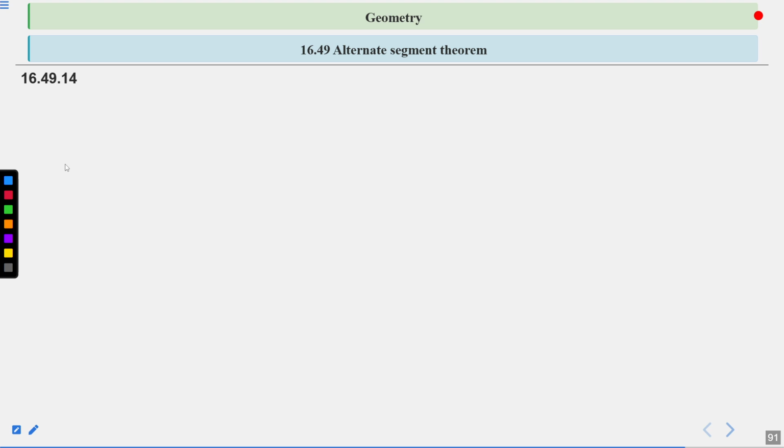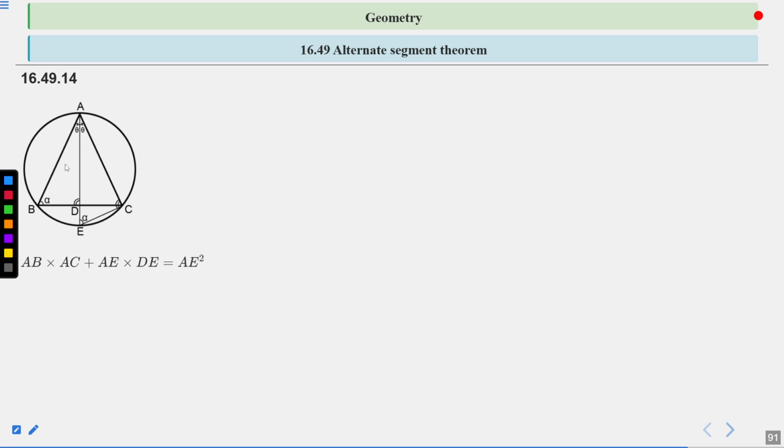Alternate segment theorem. This is the diagram of the triangle made in a circle. We can say that AB multiplied by AC plus AE multiplied by DE is always equal to AE square.